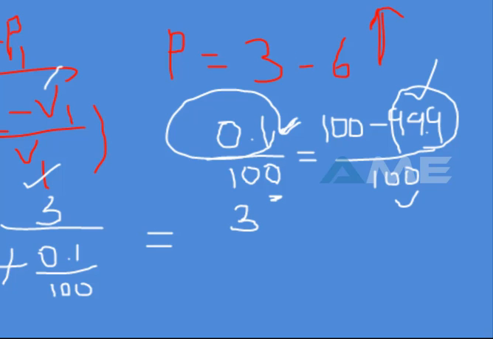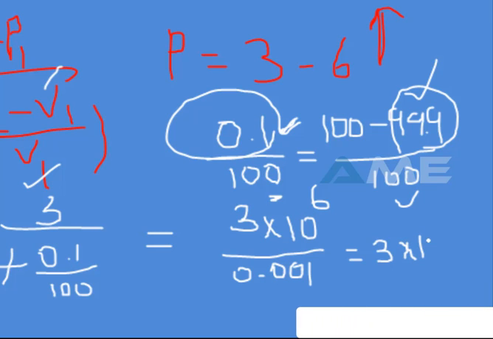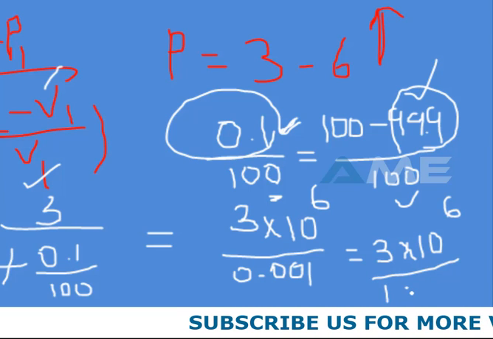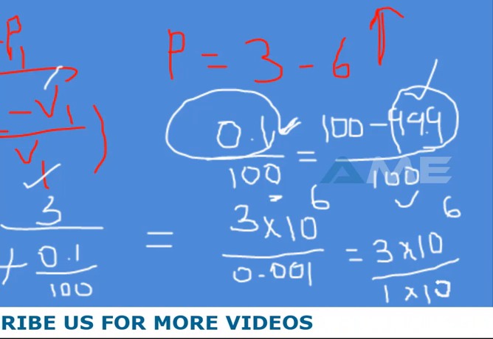Here the mega newtons value is there, so instead of mega you're going to take newton per meter square. It is 10 to the power of 6 divided by, what's your value of this? 0.001. So instead of writing like this, you can simply write 3 into 10 to the power of 6 divided by 1 into 10 to the power of minus 3.